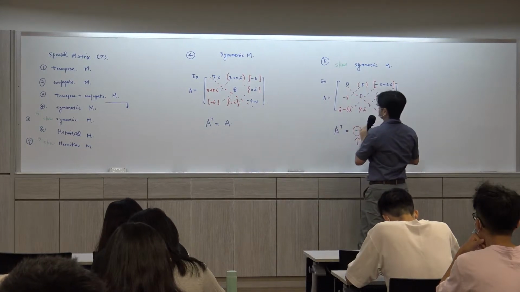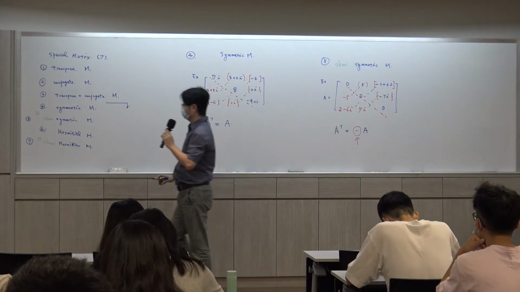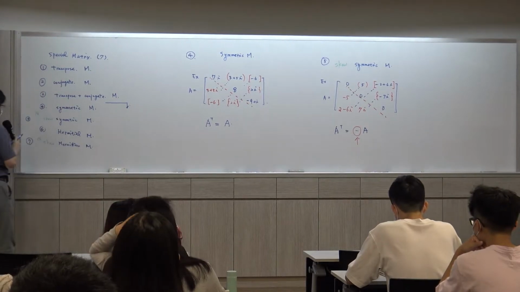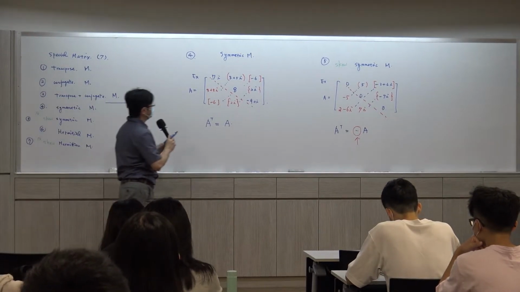Okay, so let's move on to the number 6, Hermitian matrix.